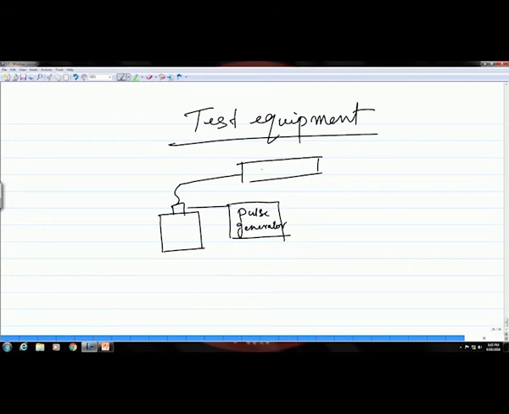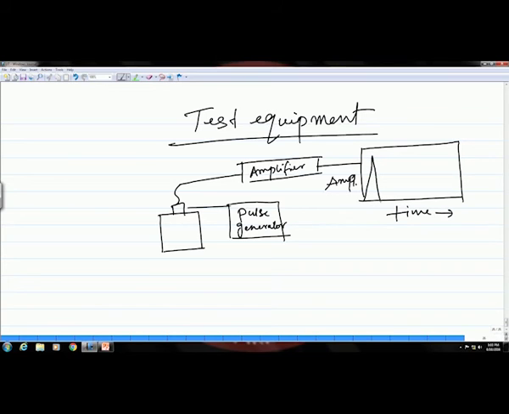So, it will have an amplifier, and then you will have the display, which can show the signal in terms of amplitude and the time base.